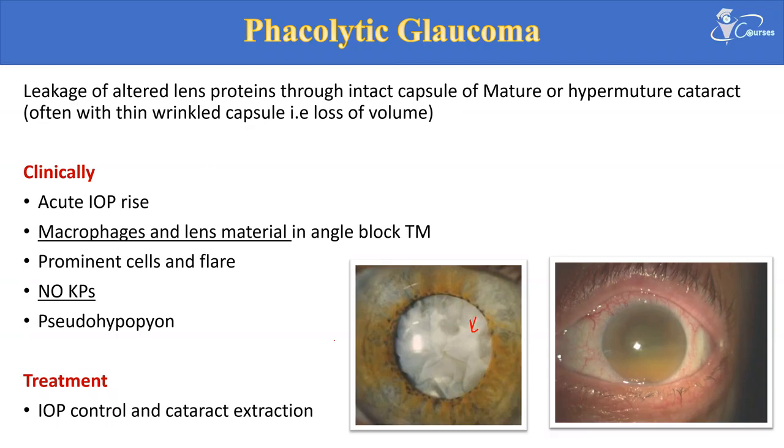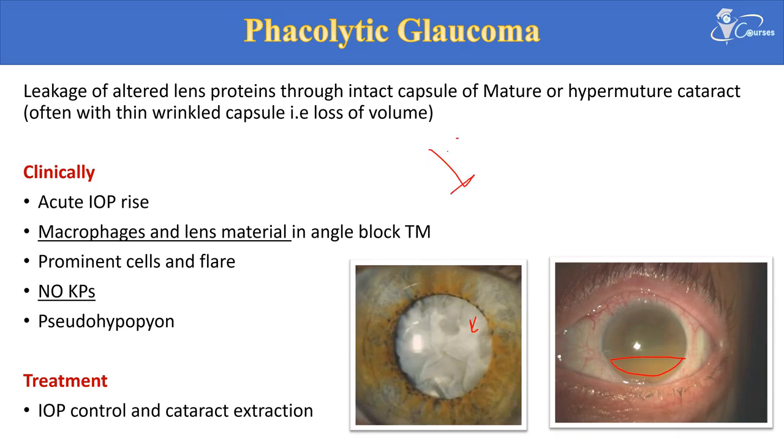So the scenario is a patient with mature or hypermature cataract presenting with severe pain of the eye. When you examine the patient, you find the mature or hypermature cataract, the presence of pseudohypopyon, which is simply the lens proteins, with very high intraocular pressure and intact capsule. This is very, very important.